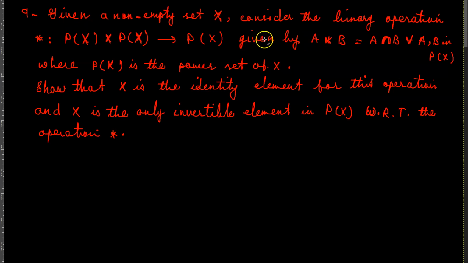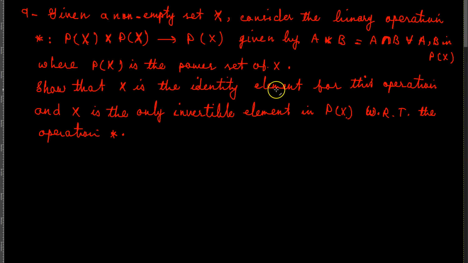Now the binary operation is given by A star B is equal to A intersection B for every A and B in P of X, where P of X is the power set of X. Okay, so I suppose you understand the situation. Of course, I'm going to give you an example right now after we're done with this.